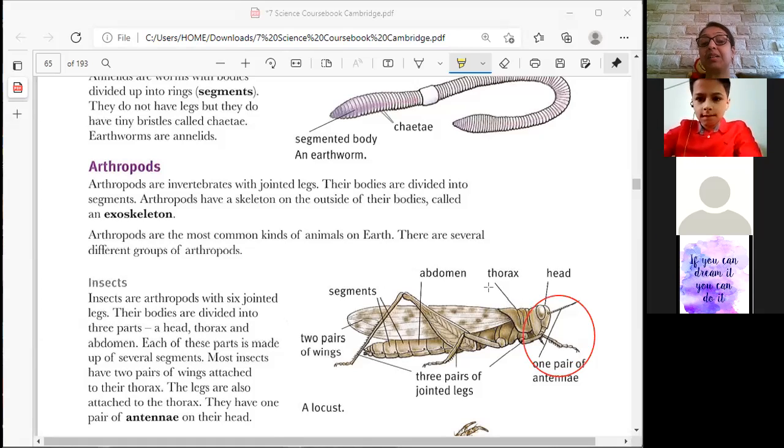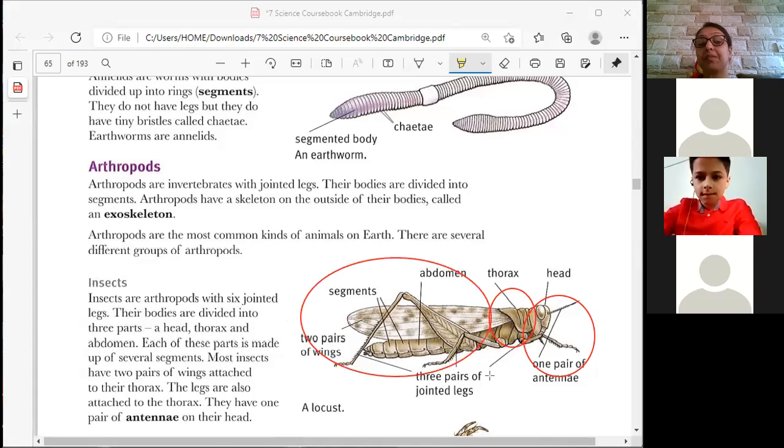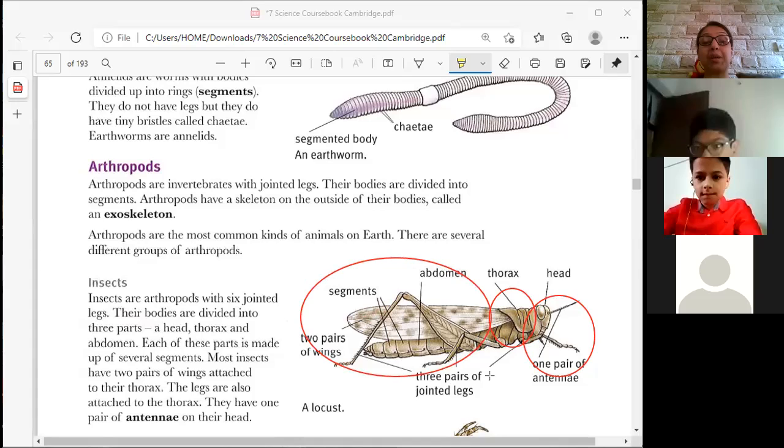Head, then the thorax, and then a bigger part, the abdomen. So this is how the body is divided into three parts. You can see six joint legs.